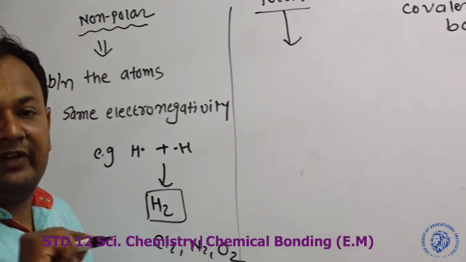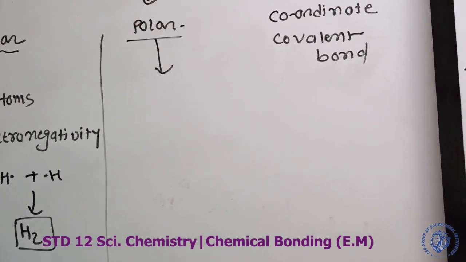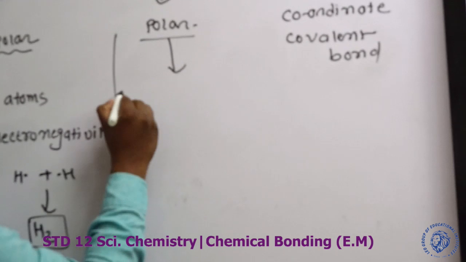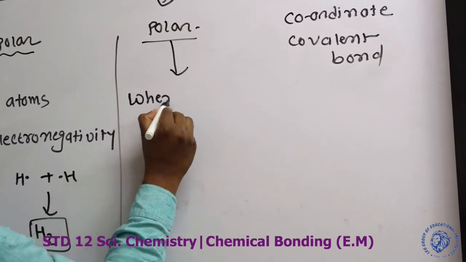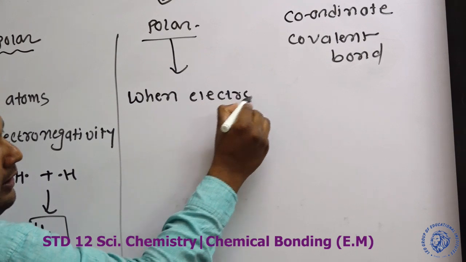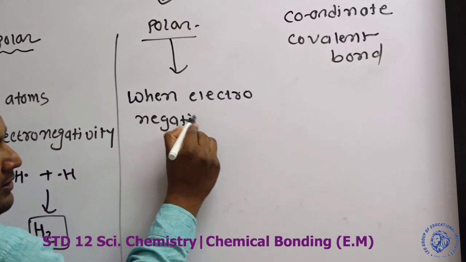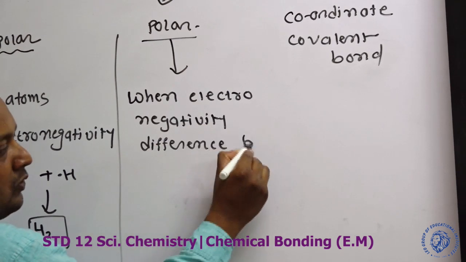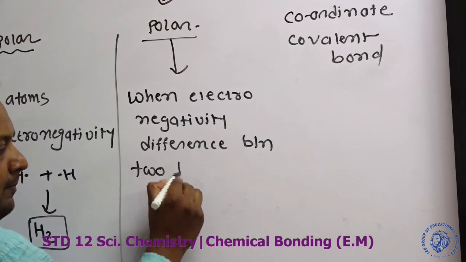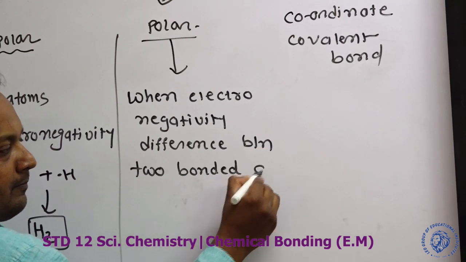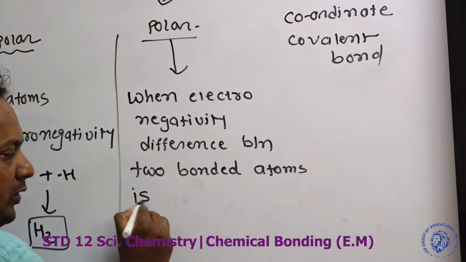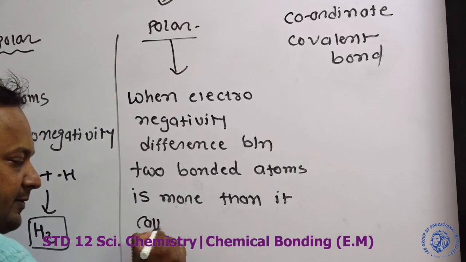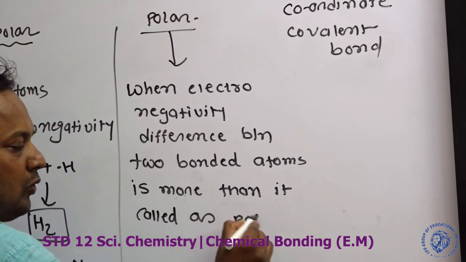Next is polar covalent bond. When the electronegativity difference between two bonded atoms is more, then it is called polar covalent.